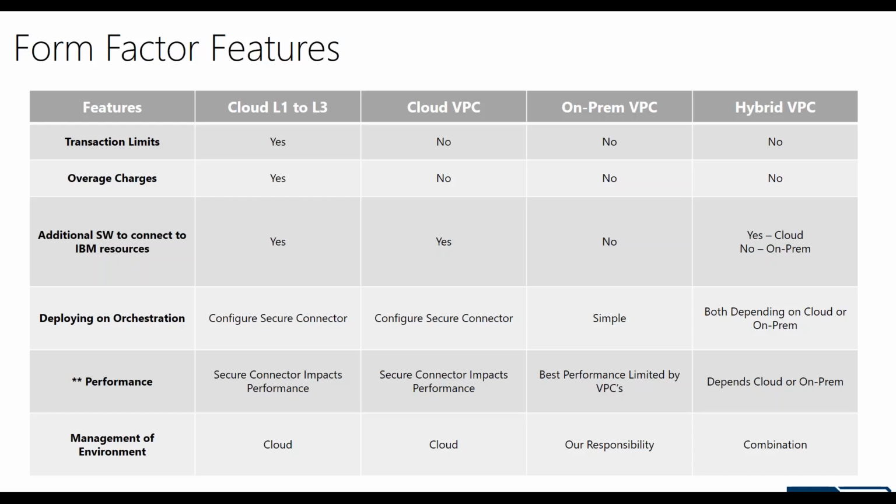And the best and the most powerful one is the hypervisor edition, which is the on-premise virtual private cloud. That doesn't come with any transaction limits, and so is the hybrid version. And the overage charges, you'll be charged for the cloud L1 to L3 offering type, but not for the others.